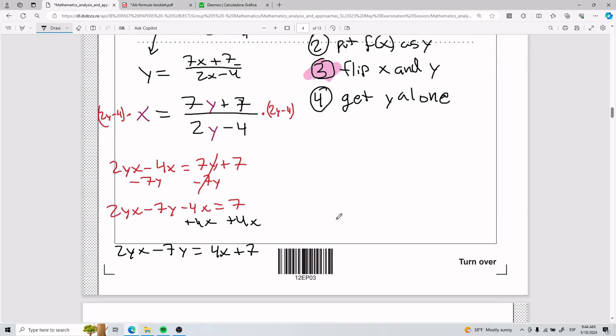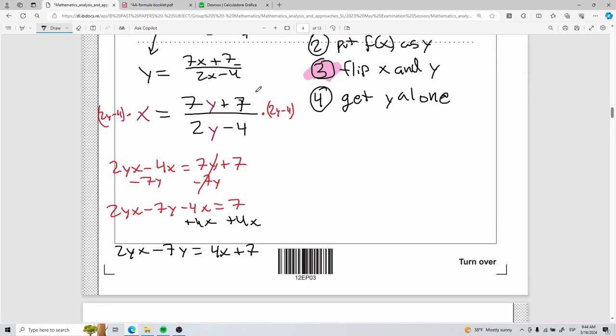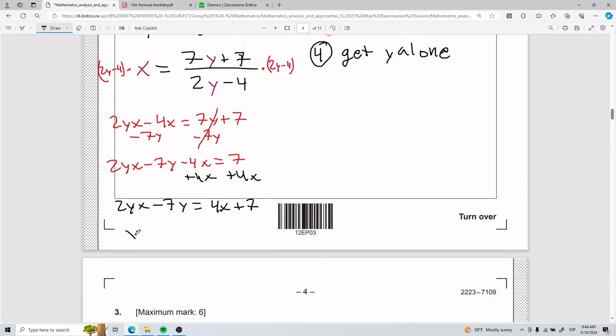And so from here, now that you have all the y's on one side, see? Notice how here you had a fraction, so you needed to multiply, right? Over here you had the y's on both sides. And now, once you have all the y's only on one side, you can factor. If you factor on the left side by y, if you take y out from each, you end up with 2x minus 7.